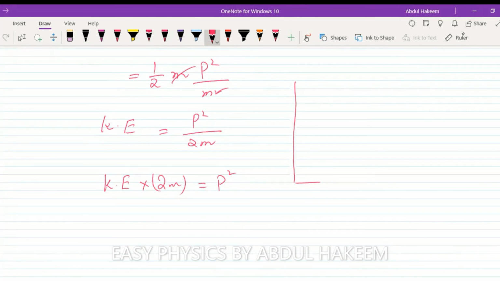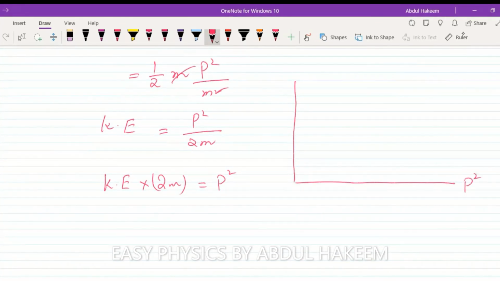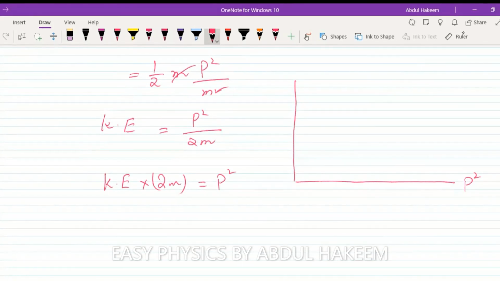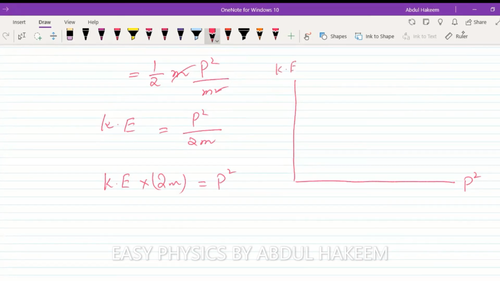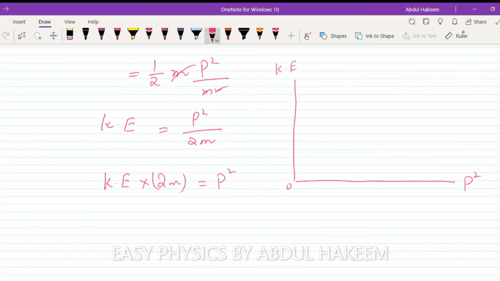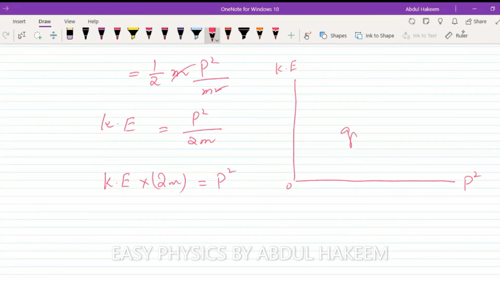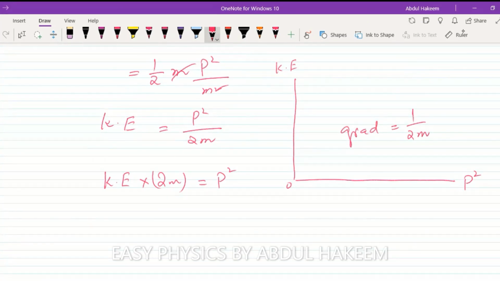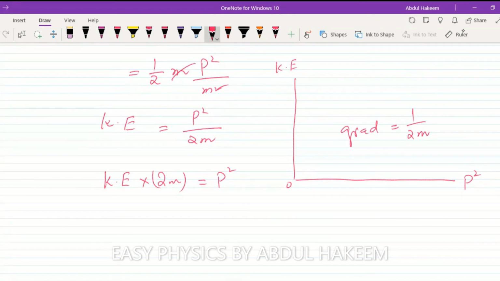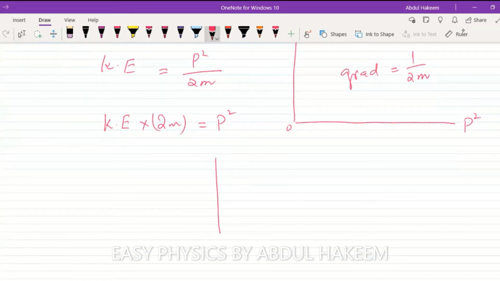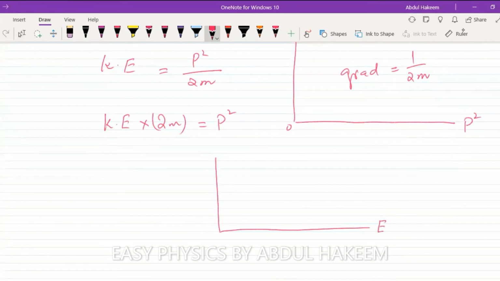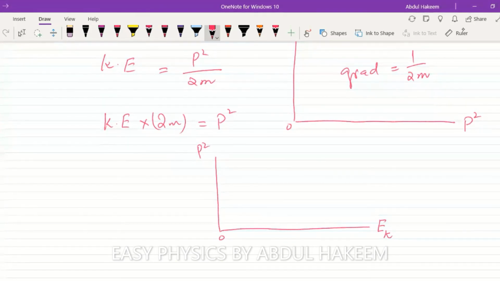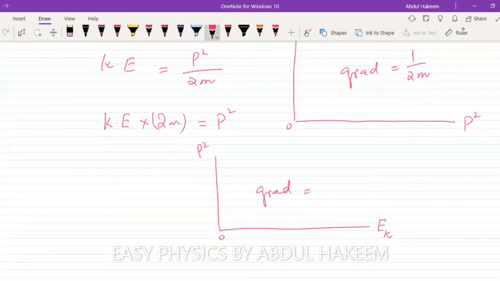So when the graph is plotted between momentum squared and the kinetic energy at the y-axis, then the gradient of the graph will be 1 divided by 2m. And if the graph is kinetic energy at the x-axis and the momentum squared at the y-axis, then the gradient of the graph will be 2m.